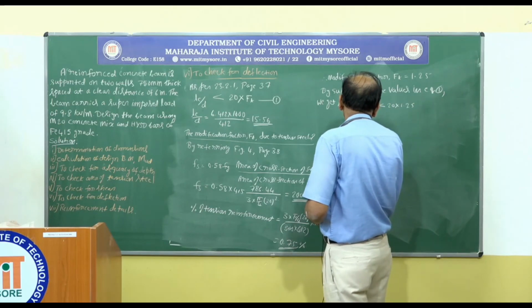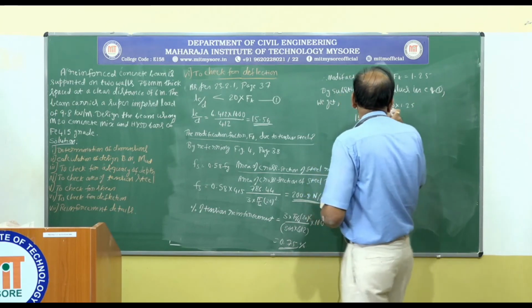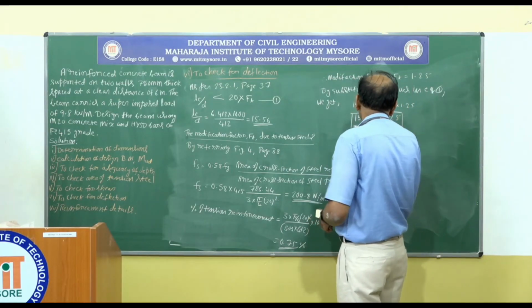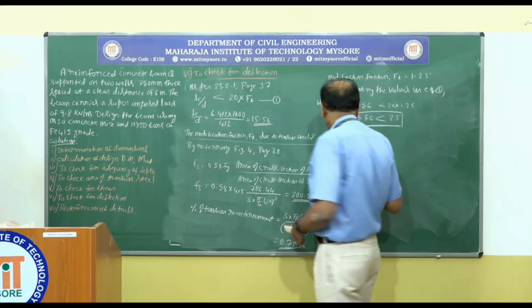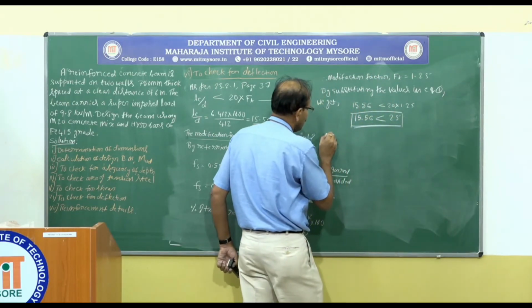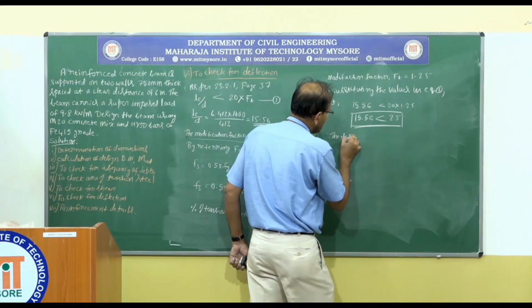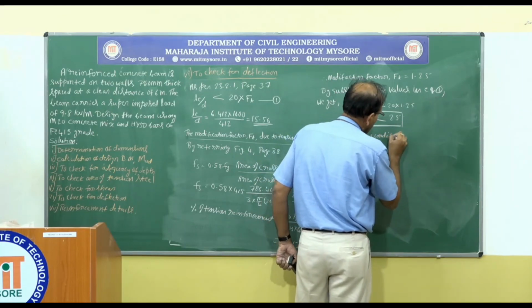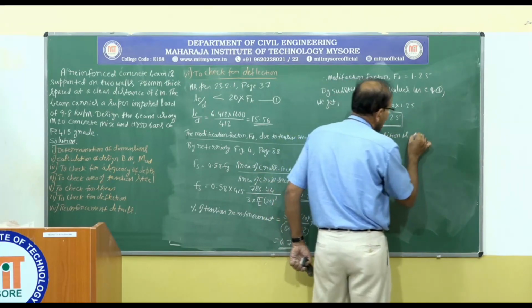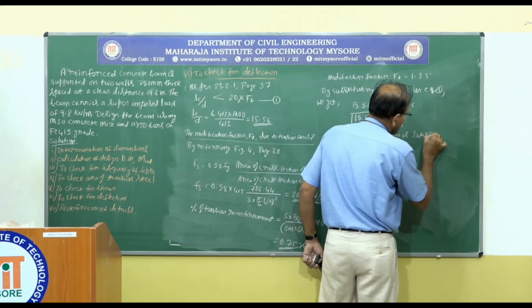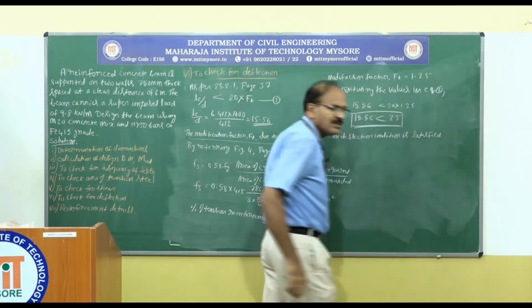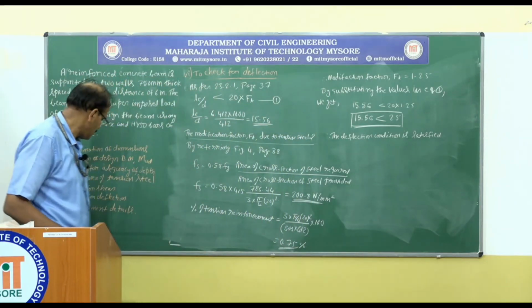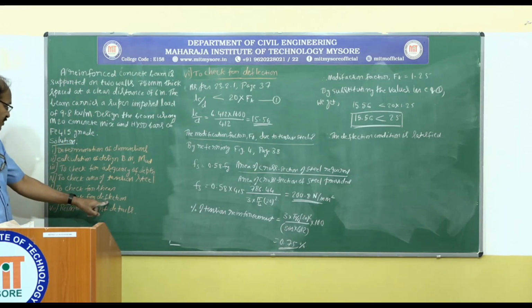That is 15.56. So 20 multiplied by 1.25 is 25. So 15.56 is less than 25. Therefore, the deflection condition is satisfied. The deflection check is over. So step 6 is over.